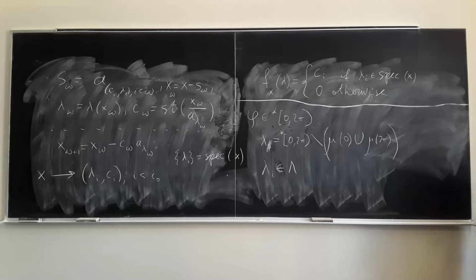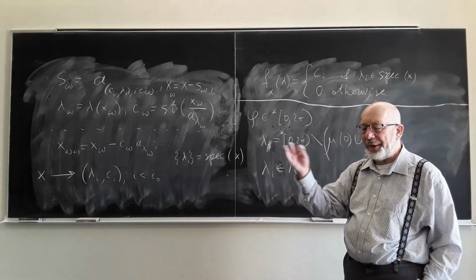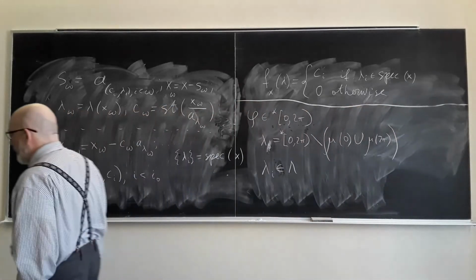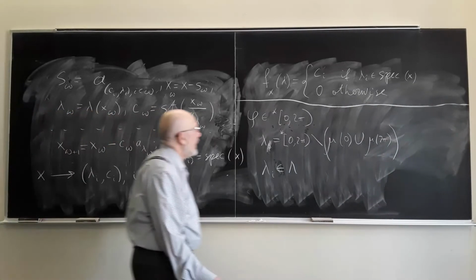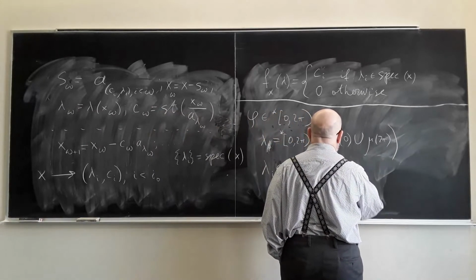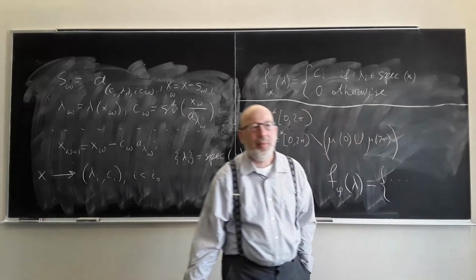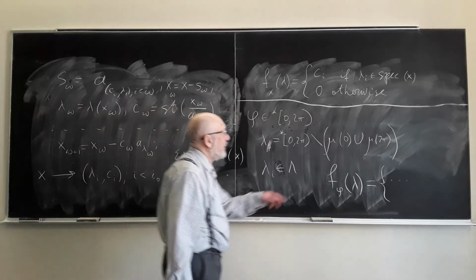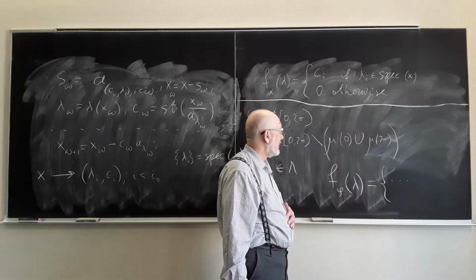This means that we can decompose the angle phi the same way as we did with any other number, and correspondingly we have the function f phi of lambda defined the same way. And this function is the most important for us.